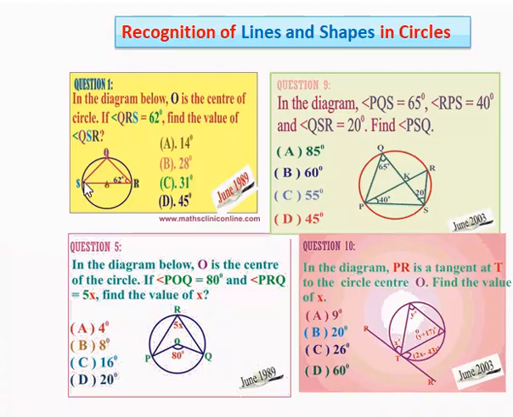Number 1, you must know that the sum of the 3 angles in a triangle is 180 degrees. Now, one of them is given to you as 62 degrees, so the 2 remaining must add up to 180 minus 62 degrees.